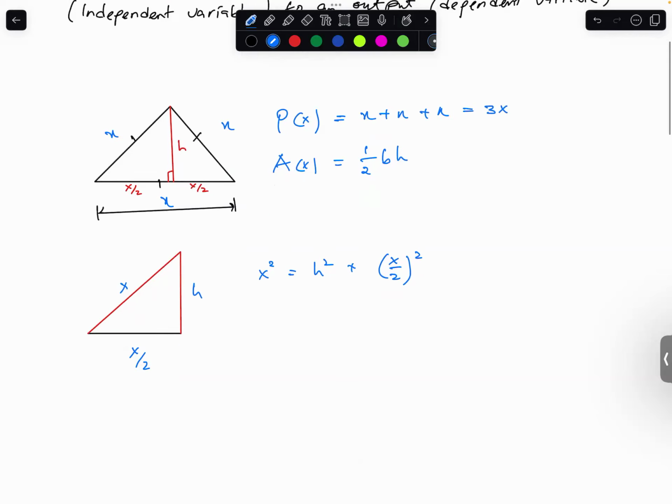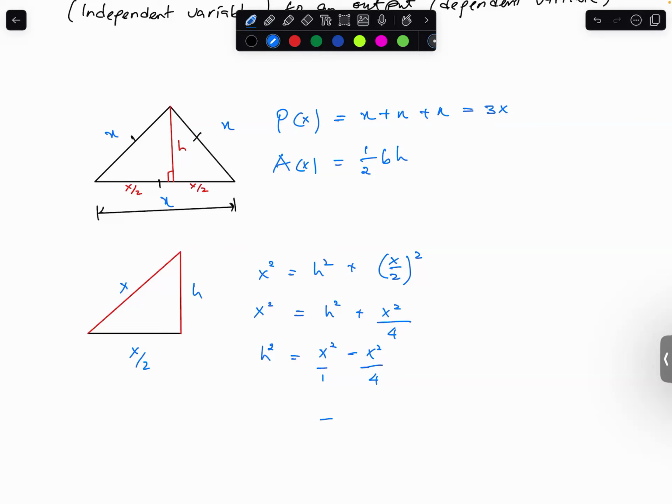Now this is x squared equals h squared plus x squared over 4. We are trying to solve for h, right? So if we take x squared over 4 to the other side, we have h squared equals x squared minus x squared over 4. This is like x squared over 1.